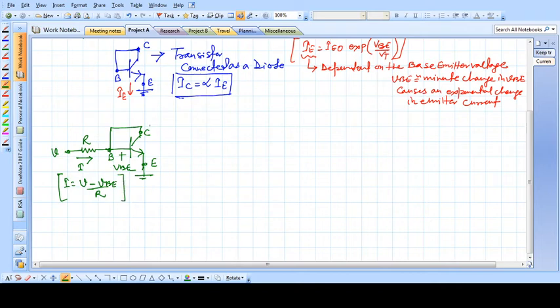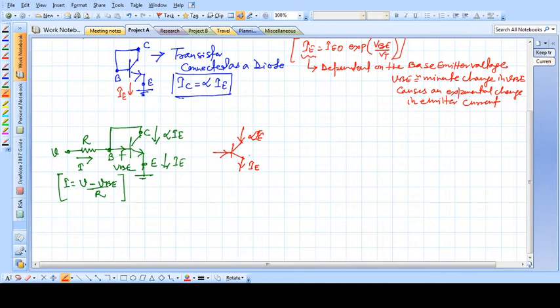Okay, and some transistor action takes place. So this current is IC equals alpha times IE, and this current is your IE. Just try to understand. This one is your alpha times IE.